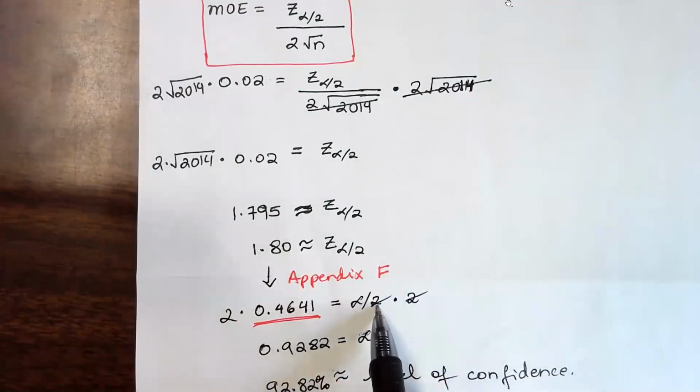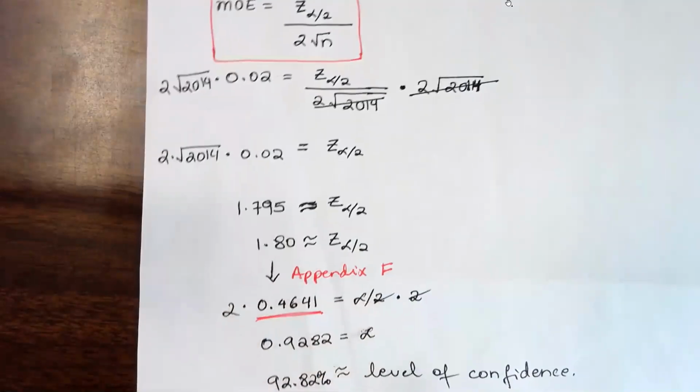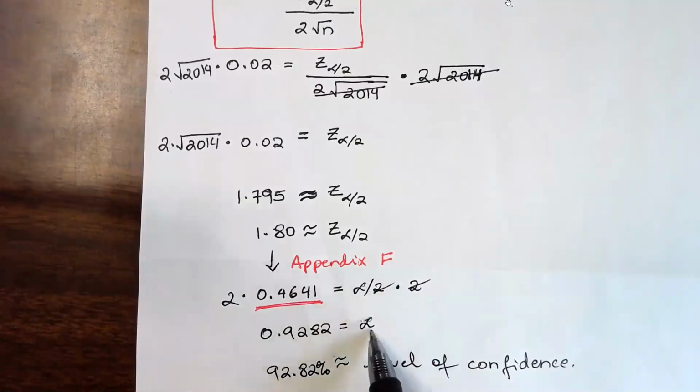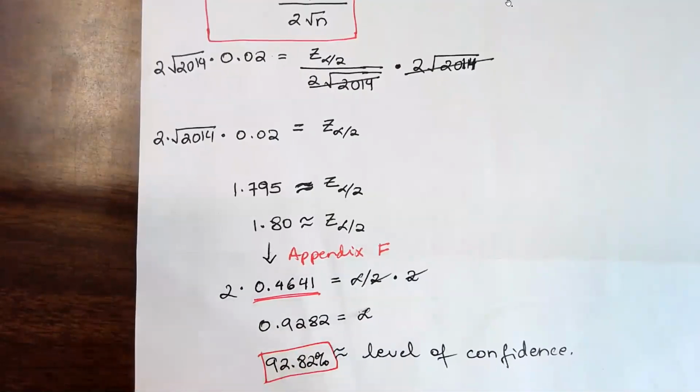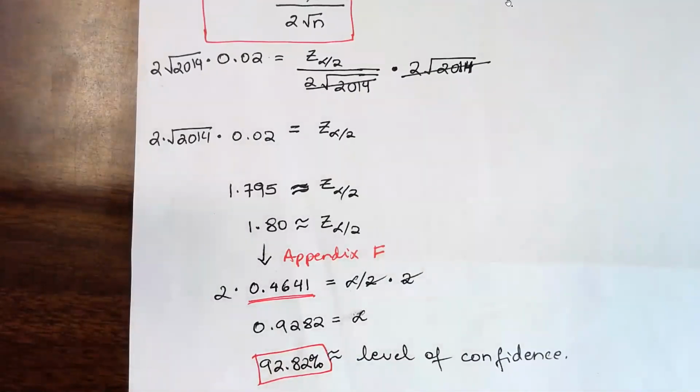So to get rid of that denominator of 2, we went ahead and multiplied both sides of our equation by 2, which of course gives us the alpha, and this becomes 0.9282. Convert that into a percent, and we have a confidence interval of 92.82%. Okay, all right, so that was example 26.